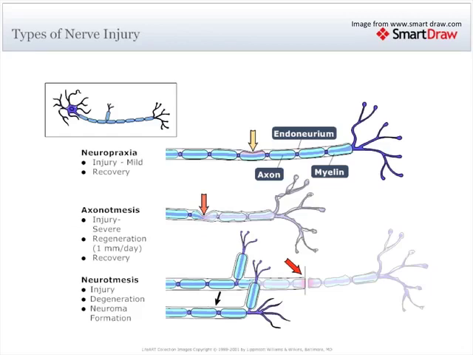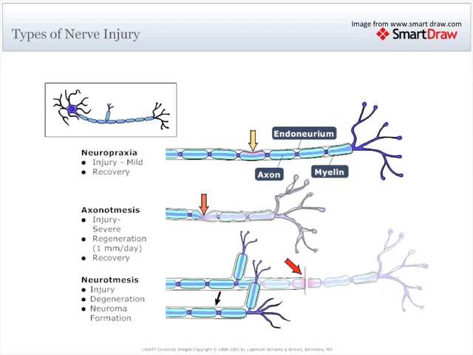As you might recall, there are 3 types of nerve injuries that can occur: neuropraxia, axonotmesis, and neurotmesis. Neuropraxia refers to the mildest of injuries with expected full recovery. The nerve axon and myelin sheath remain intact, and it's thought that intraneural edema decreases nerve transmission of impulses.